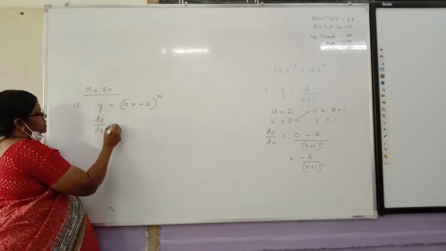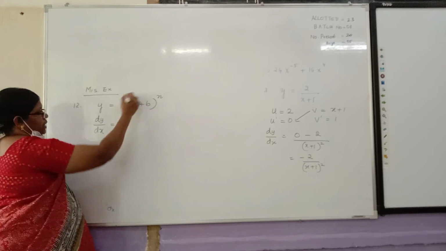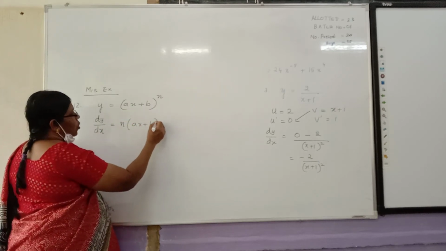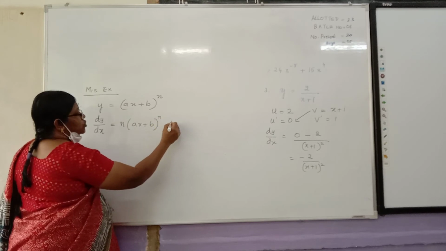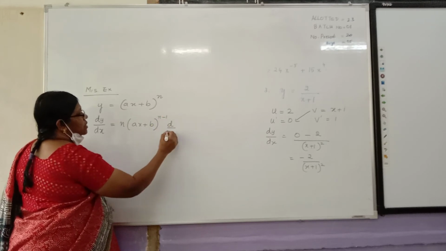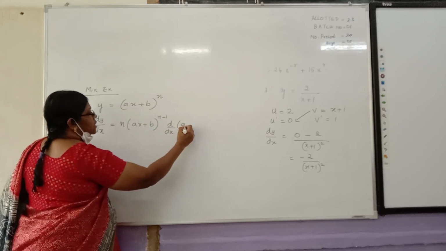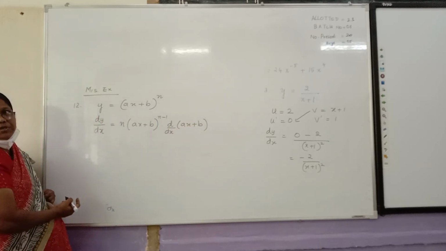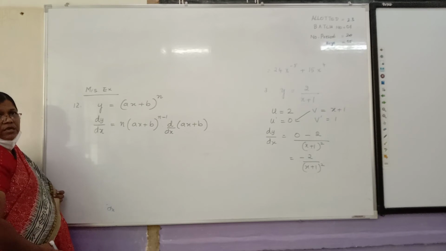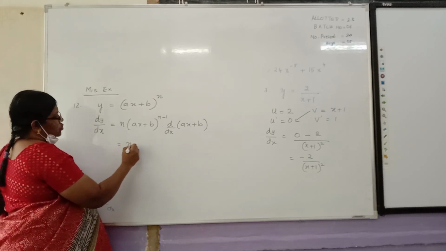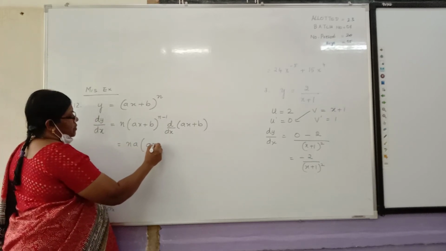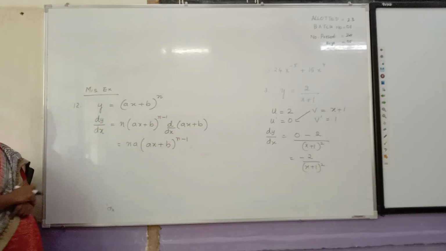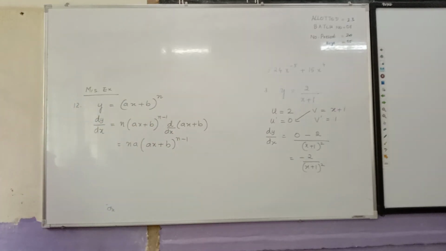First you bring n down: n into (ax plus b) the whole power n minus 1, into d by dx of ax plus b. What is the differentiation of ax plus b? A. So n into (ax plus b) the whole power n minus 1, into a. This is the chain rule.